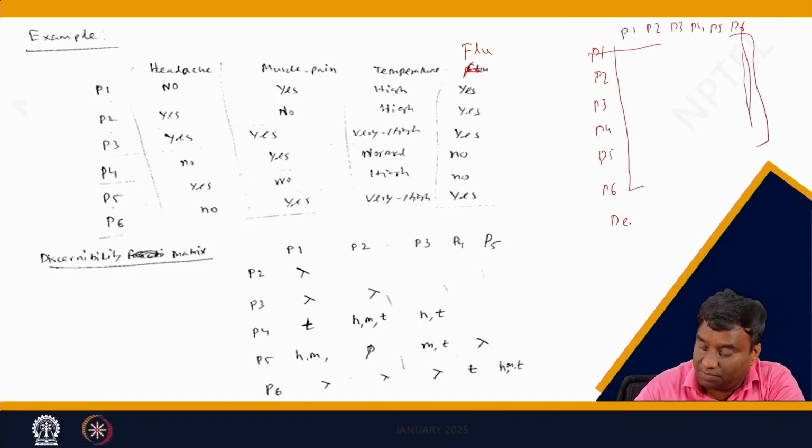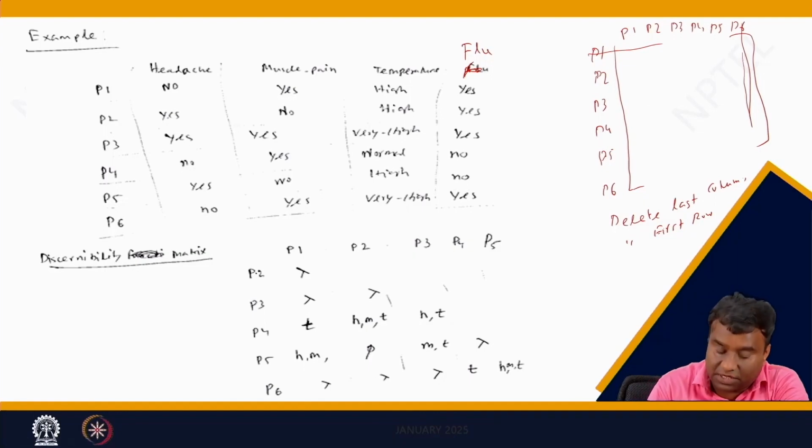So delete the last column and delete the first row. So we start with P2, P3, P4, P5, P6 in rows and P1, P2, P3, P4 in columns, and this will be the lower diagonal matrix as it is symmetric.